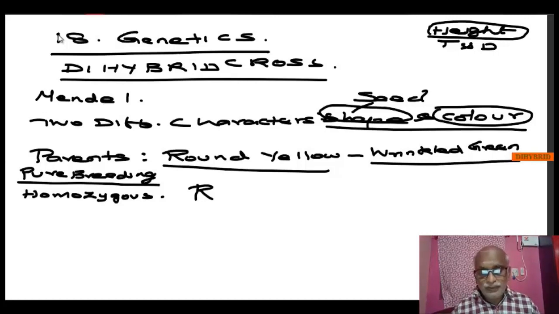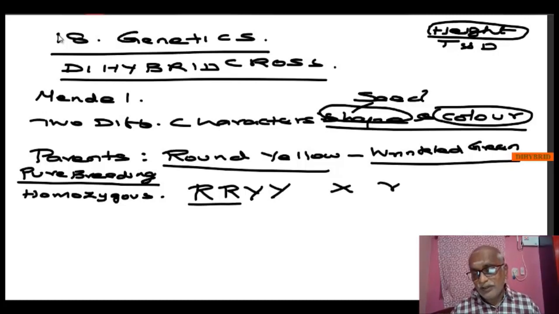So for easy understanding, he has given the dominant parent as capital R and capital Y. Why we write two times: we already know that the factors occur in pairs, so we write two times. With that, the recessive parent has the corresponding smaller letters.